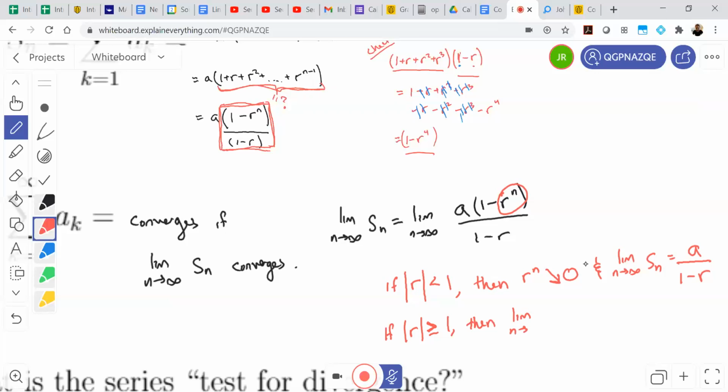The r to the n does not converge to anything, and therefore the limit of partial sums doesn't converge to anything. And so the limit as n goes to infinity of s sub n does not exist. And this would be an example of a series that only looks real in a formal sense, but doesn't actually have any meaningful interpretation. It wouldn't actually converge to anything.